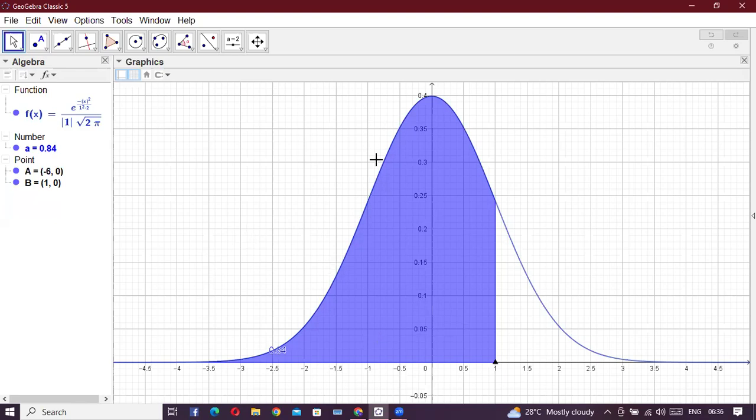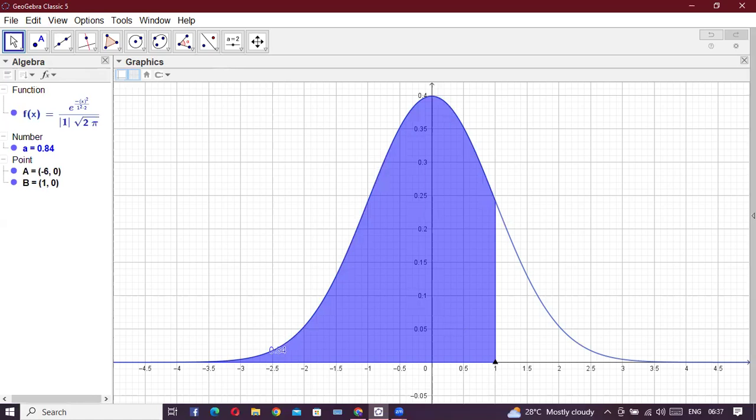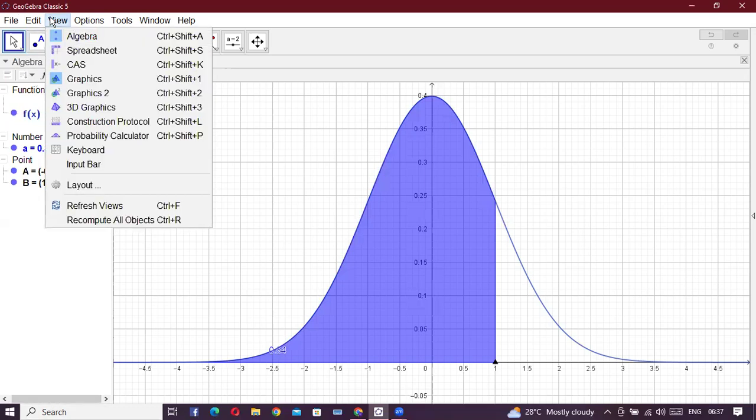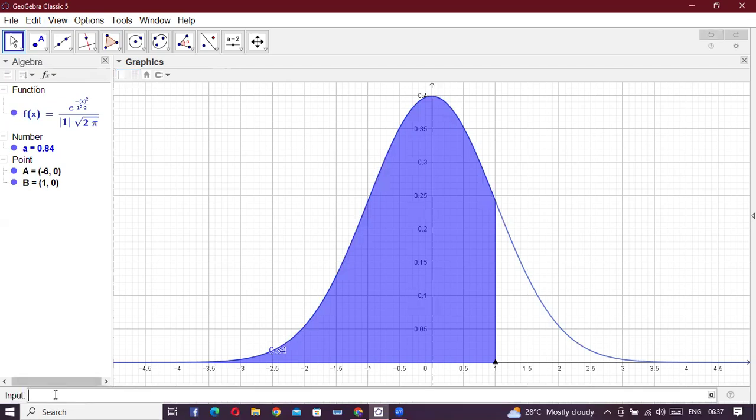For example, we can insert a slider into this. To do that, you have to double click here. But even before that, let's set our parameters. Okay, my input field, you can see the input bar is here now.